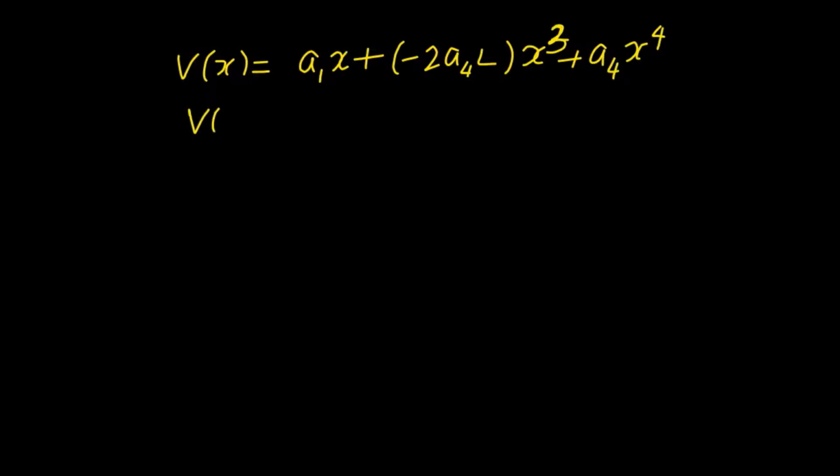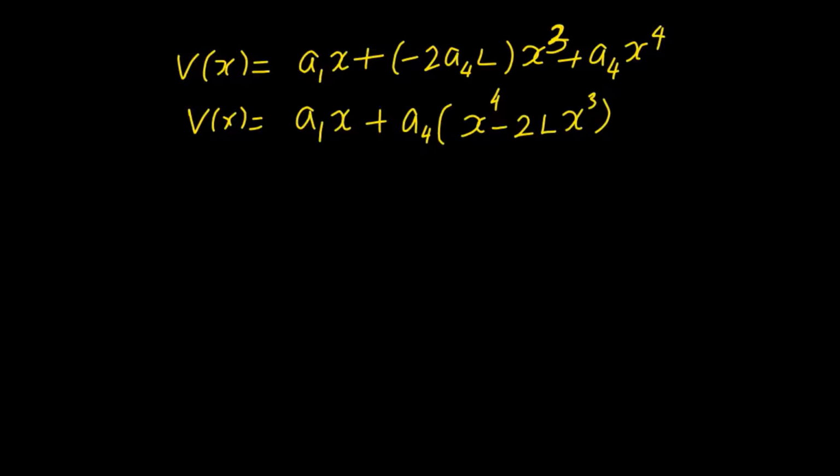So I can rewrite this equation as v of x is equal to a1x. I can take this a4 common outside. So what will you be getting? You are going to get x raised to the power 4 minus 2Lx cubed.